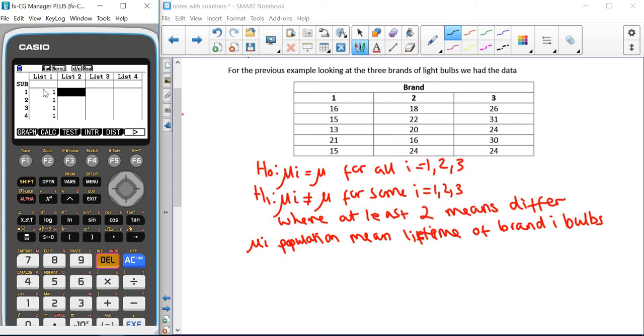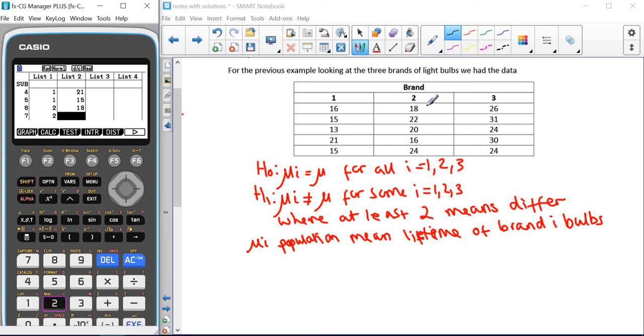In list 2, we are now going to put the value of data. So I'm going to work down the columns because I've put what column it's in in my list 1. So 16 is the first value in list 1. 15 is the second, 13 is the third, 21, and then 15. And then you can see that it's gone on to saying 2. So the first value in list 2 is 18.